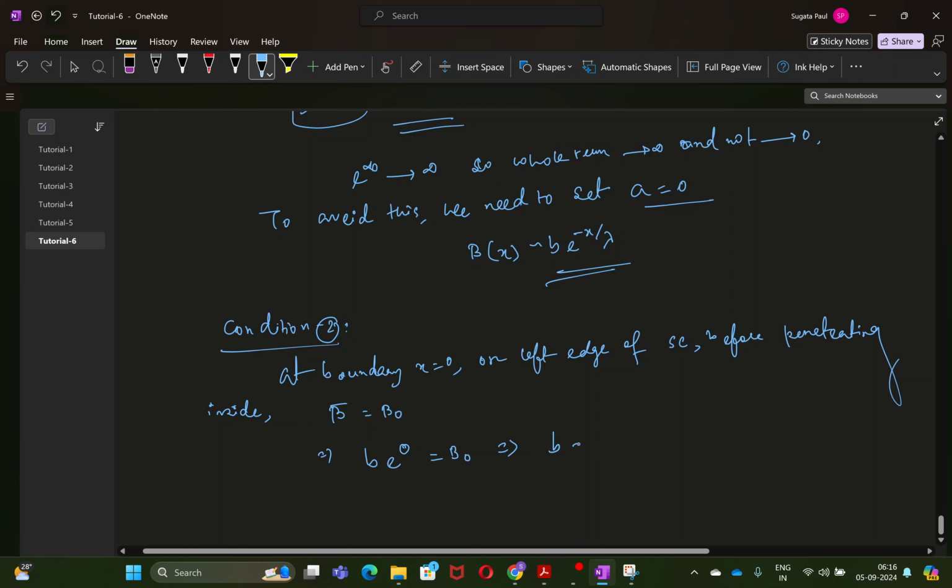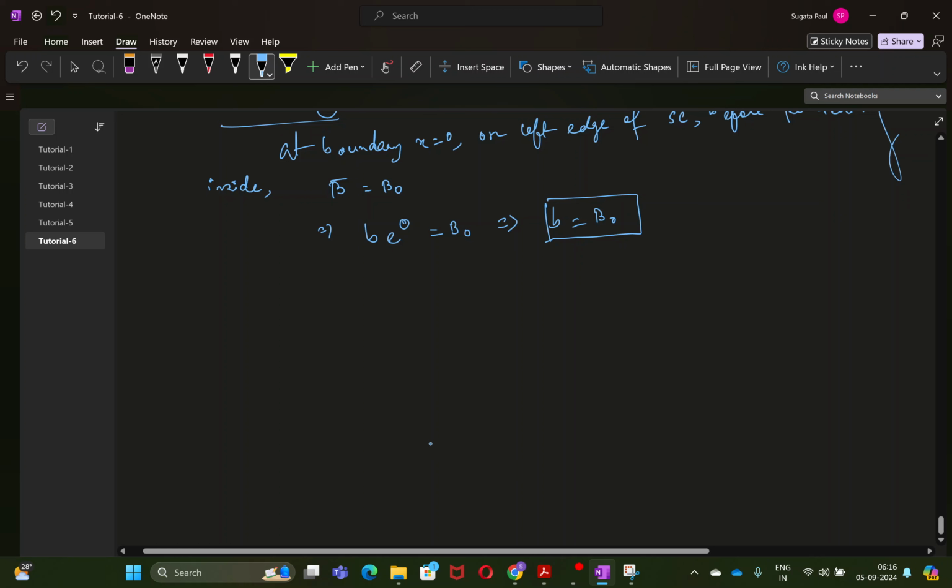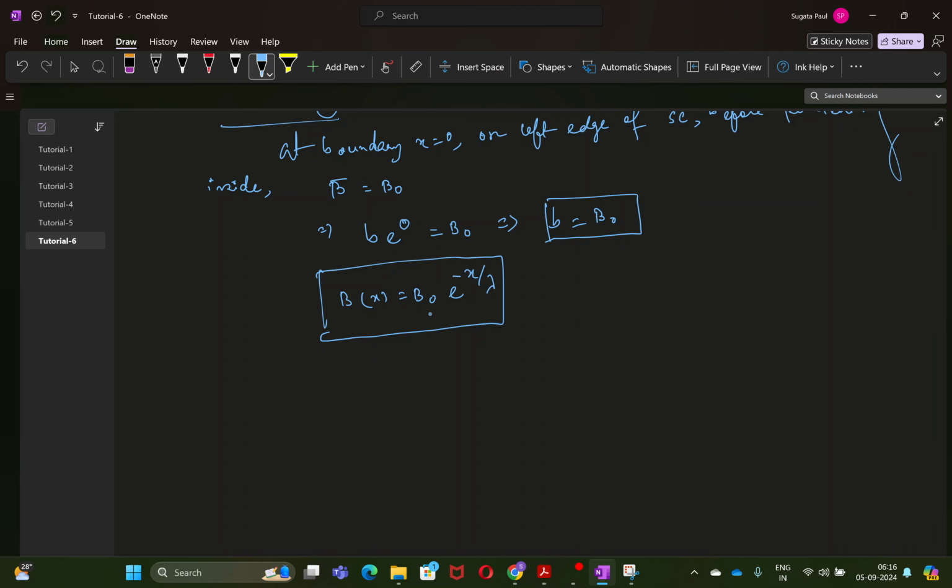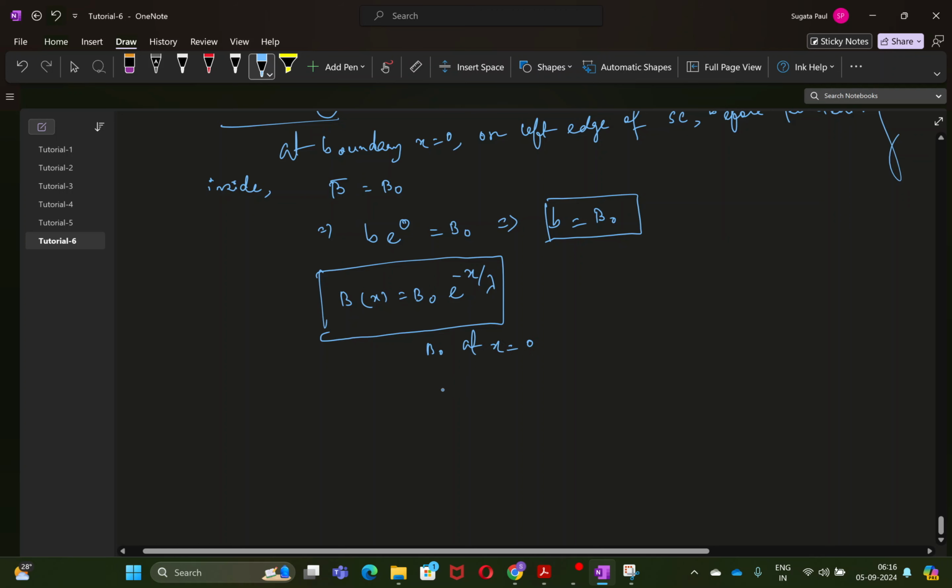Or in other terms, your constant B value is nothing but your maximum field magnitude, B naught. So the whole expression now becomes B(x) equal to B naught e to the power of minus x by lambda. So this is your final expression. Initially the magnitude is the highest, that is B naught at x equal to 0.